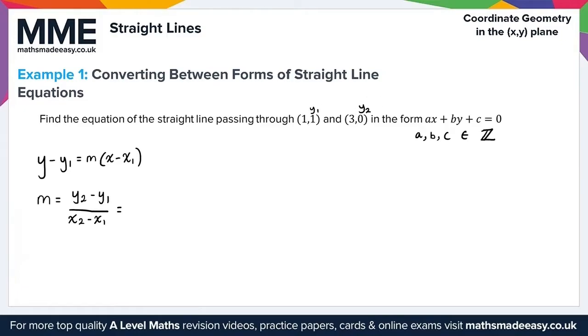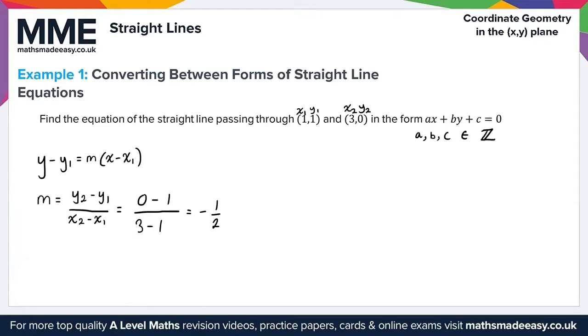And then if this is y2, it must be x2 here, and x1 there. Now all we need to do is substitute the coordinates in. So y2 is 0 minus y1, which is 1. We divide this by x2 minus x1, so that's 3 minus 1. And that gives us minus a half for the gradient. So m is equal to minus a half.